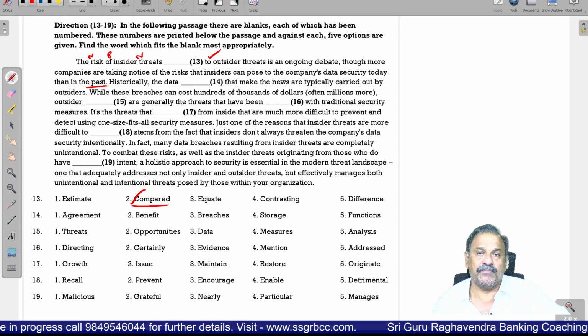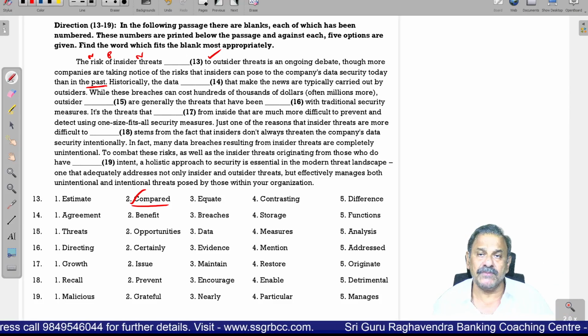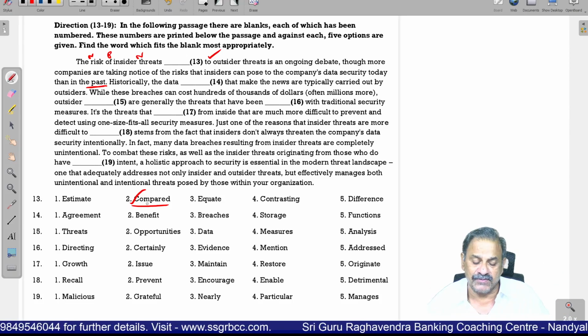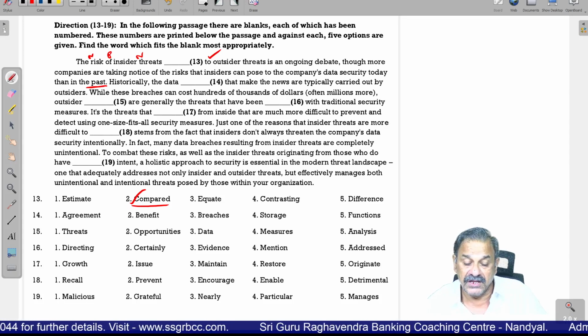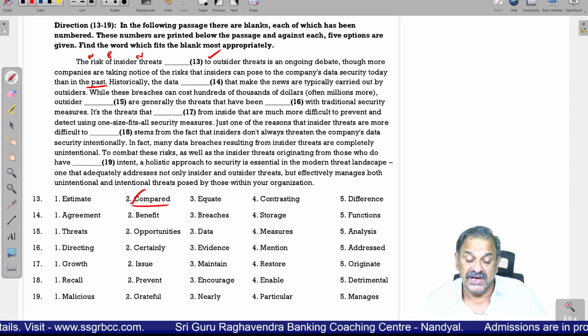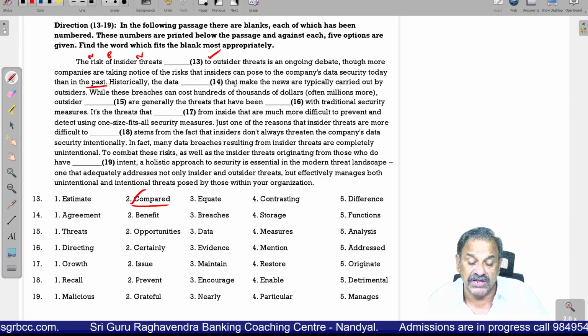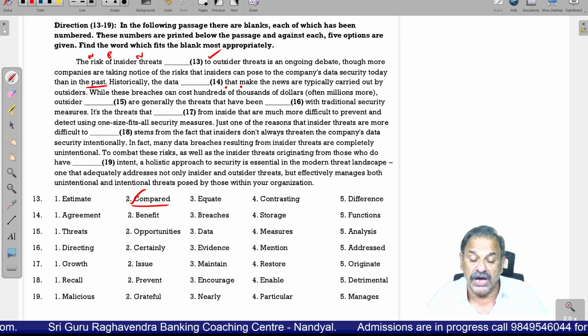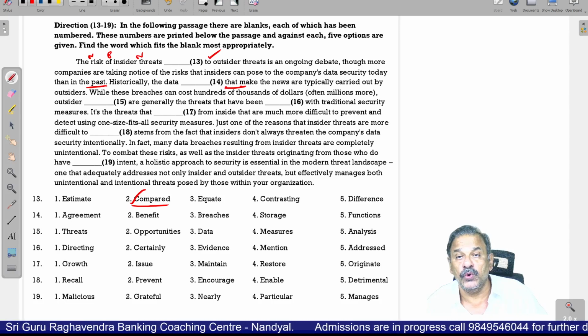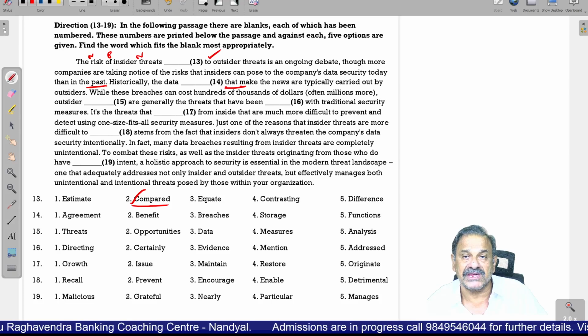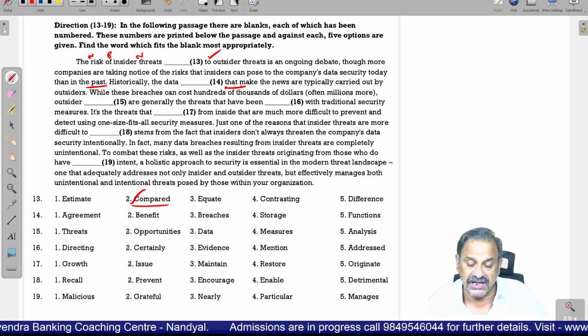So we are compelled to use the first form of the verb, but here the preposition to is going to accept only compared. Then, historically the data dash that make. What is that? A relative pronoun. We have 6 relative pronouns: who, whom, whose, which, what, that. Here the relative pronoun that is used.